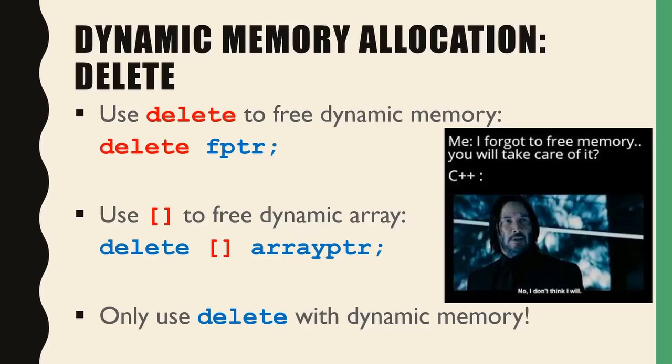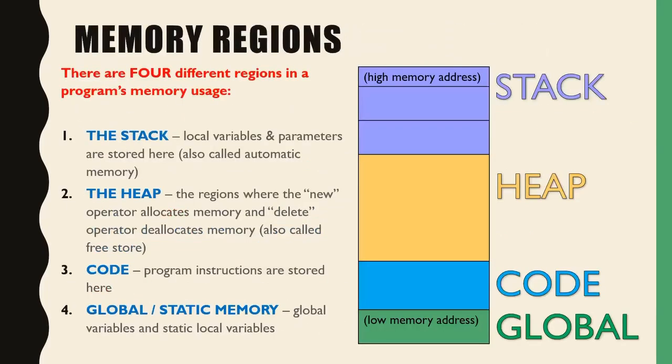Anything that you create with the new operator will not be deleted for you. Let me back up for a second. Whenever you create local variables in your program, they always go in the stack, and whenever the program ends, those variables get removed from the stack for you automatically.